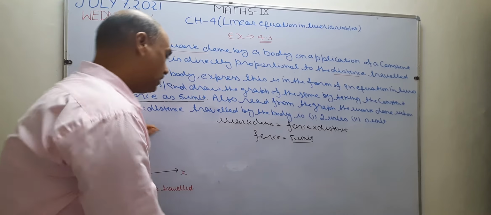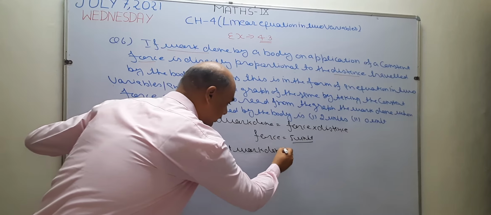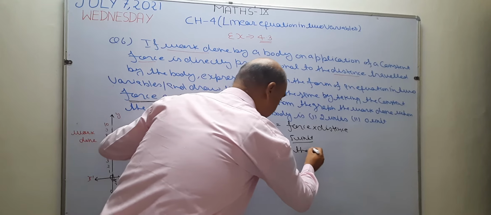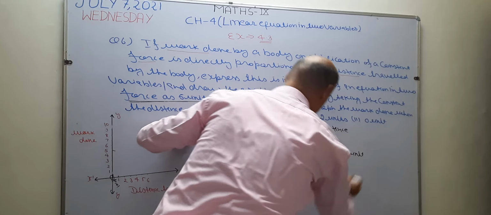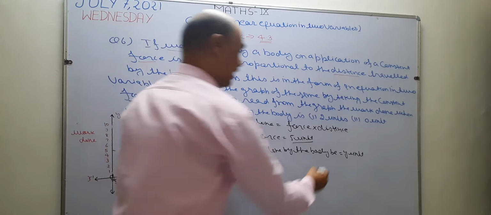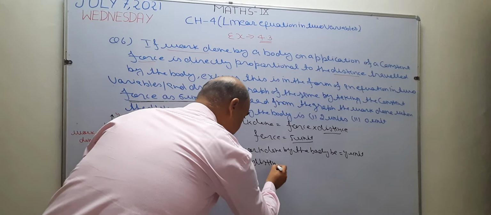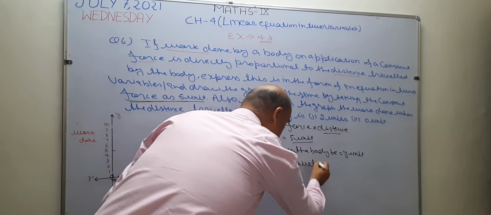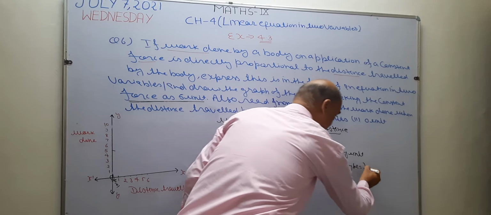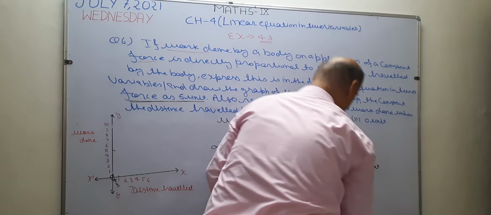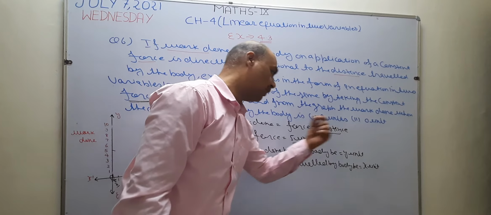So I suppose, let the work done by the body be y units, and the distance I suppose x, the distance traveled by the body be x units. Okay, I suppose that the work done by the body is y units and the distance traveled by the body is x units.